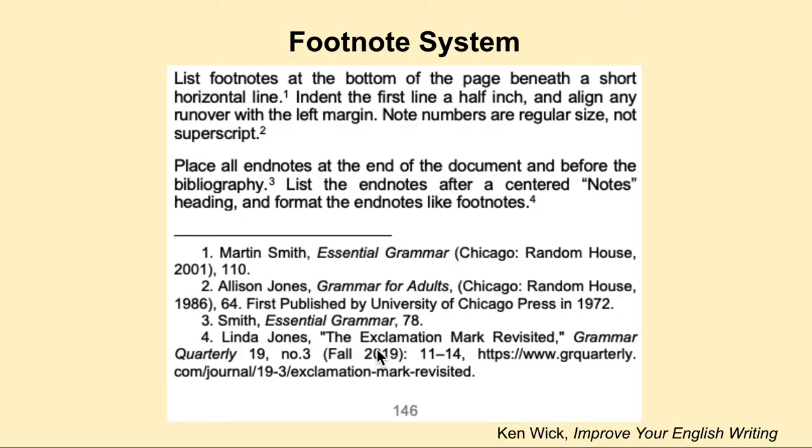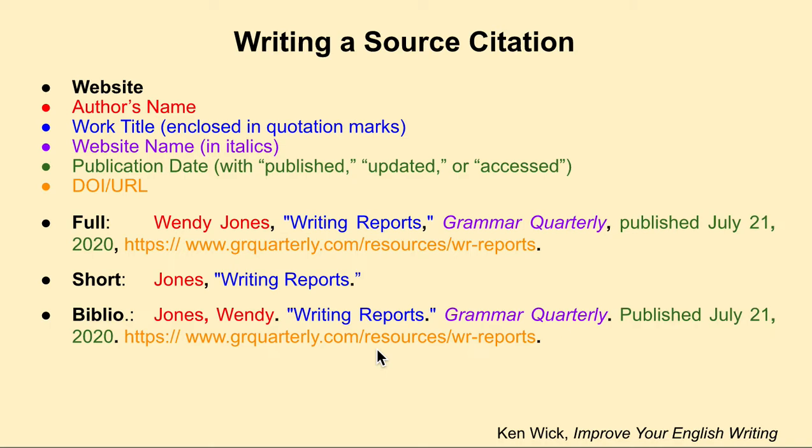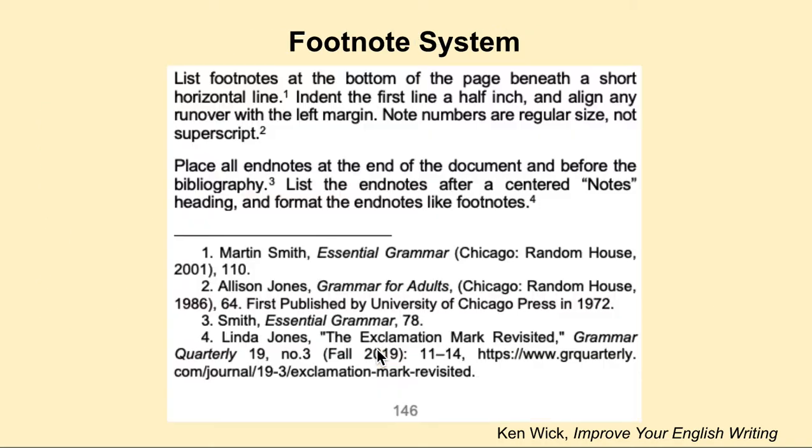Once again, I think I showed this in my last video. For footnotes, we've been doing source citation, but what do these actually look like? If you're doing footnotes, this is how they would appear. Here's the text. I'm not going to read this, but basically you have text, and you can see the footnotes 1, 2, 3, 4.